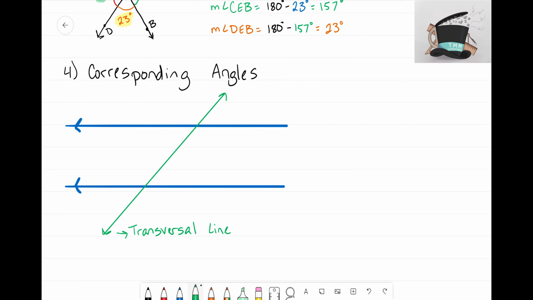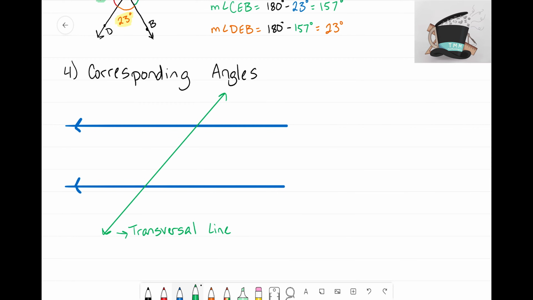Now, when we have this transversal line cutting through these parallel lines, we end up with two sets of four angles, up here at the top and down here on the bottom. Let me explain what corresponding angles are. I'll give you the definition and then we'll see how it applies on this diagram.